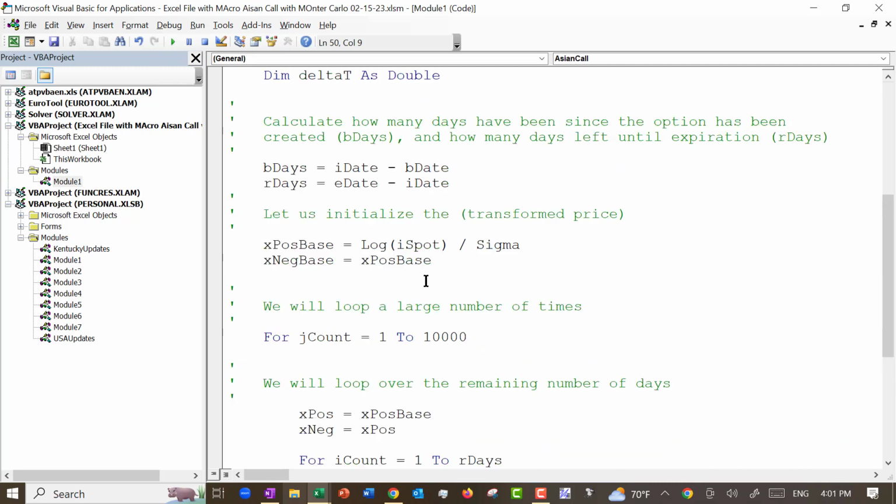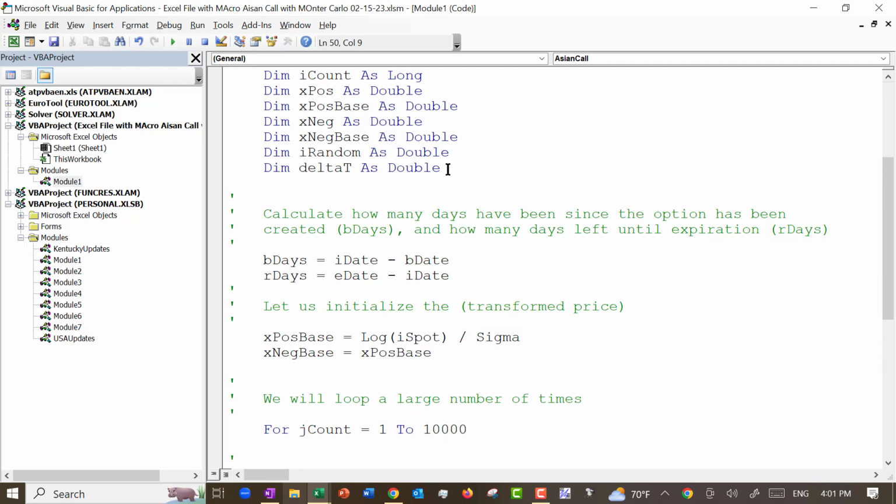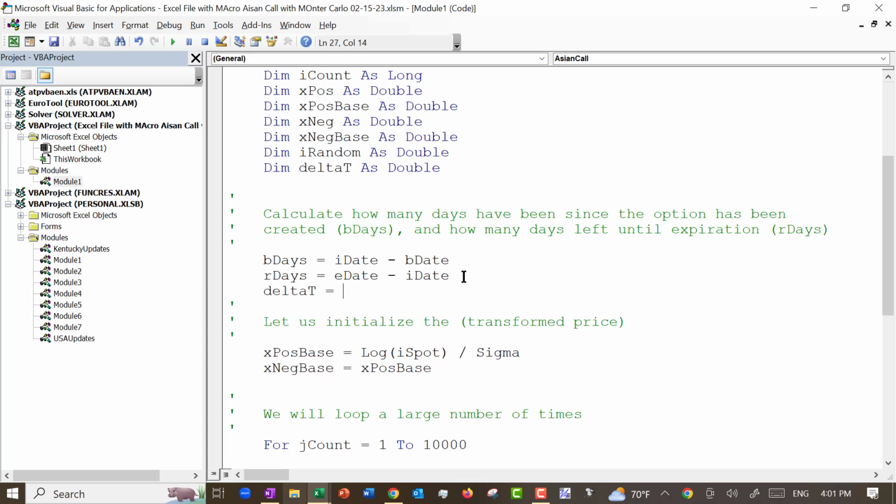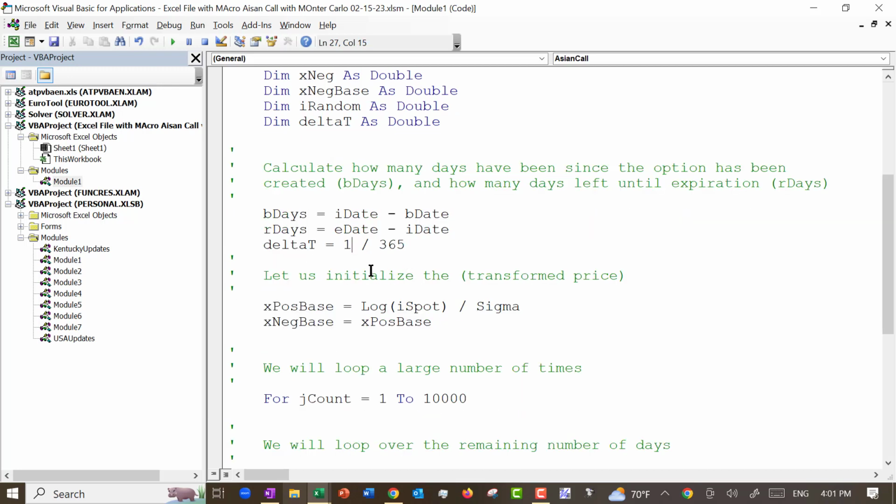And let's calculate the delta t. Let's see. 1/365. And that should be just fine.